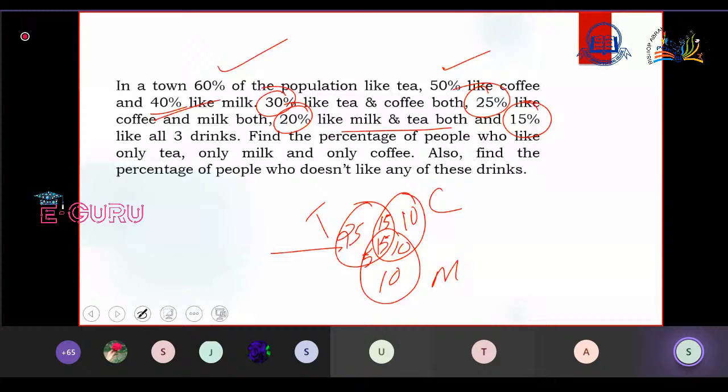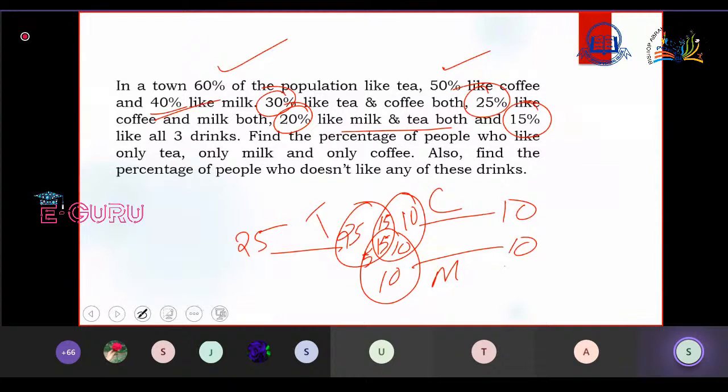So only tea is this 25%, only milk is this 10%, and only coffee is this 10%. Okay, so the first part answer is there, and now we need to find out the percentage of people who don't like any of these drinks.